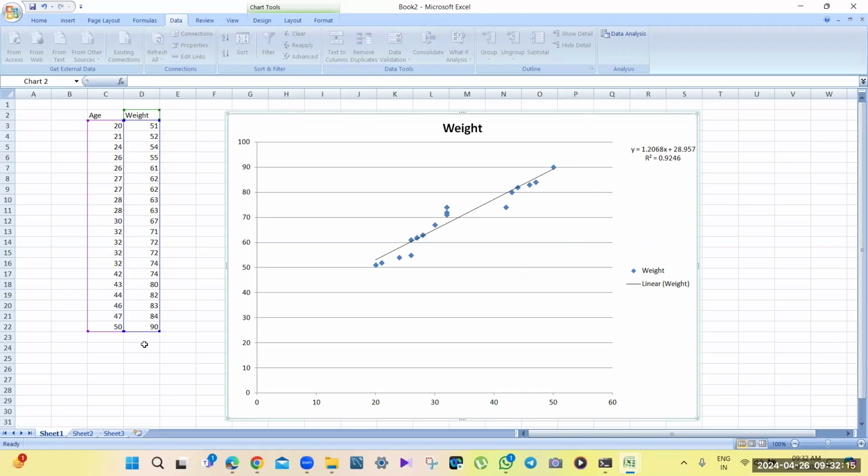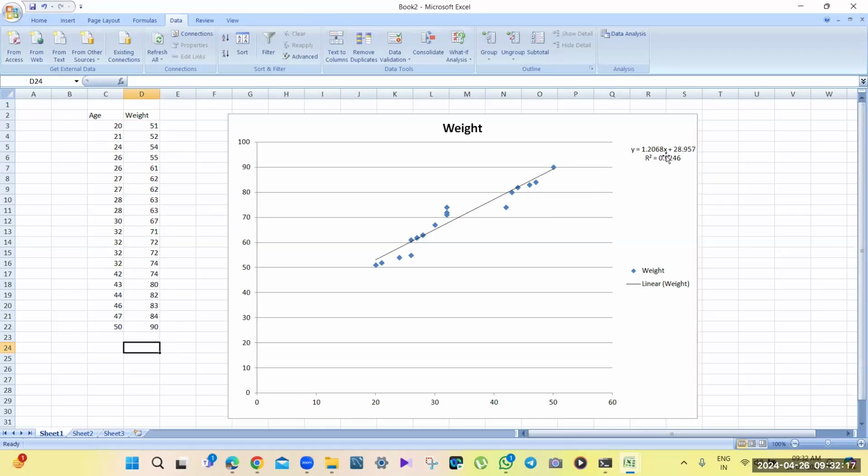Okay, let me just write the formula here. So y is my dependent variable, x is my independent variable. y is equal to 1.2068 into age plus 28.957.